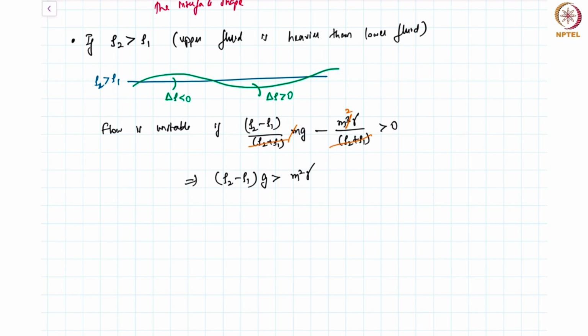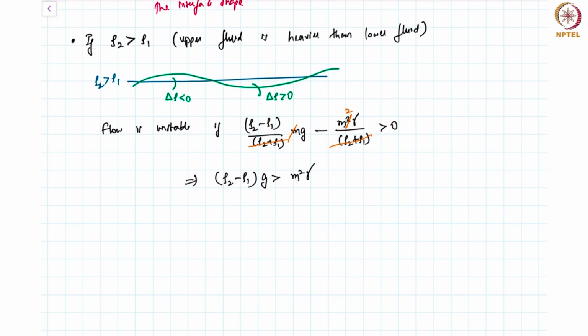So it is essentially saying that previously we thought if the upper fluid is heavier than the lower fluid, you could say that this flow has become unstable because of the mechanism that I just explained.